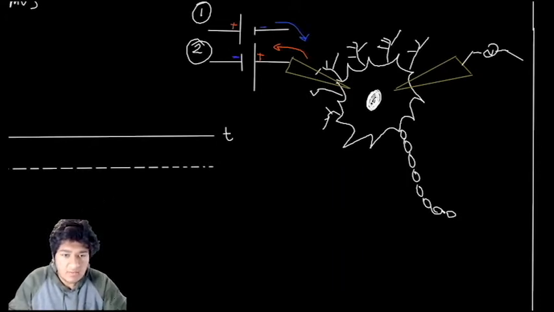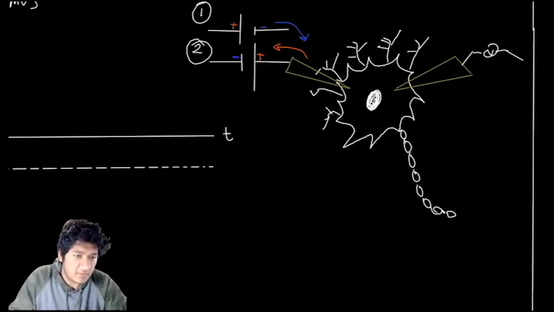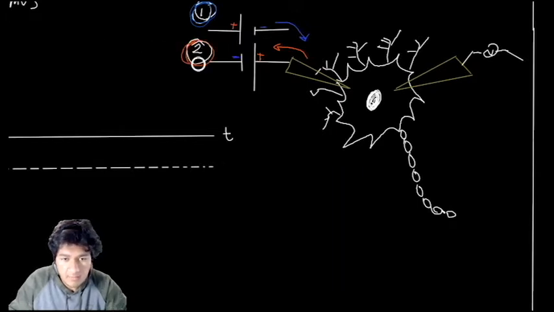Let me just color code it as well, why not? This will be blue, and this will be red, and we'll draw what's happening on this graph.